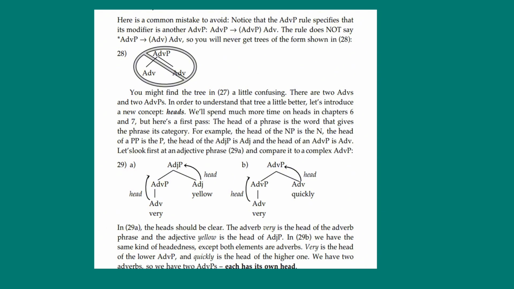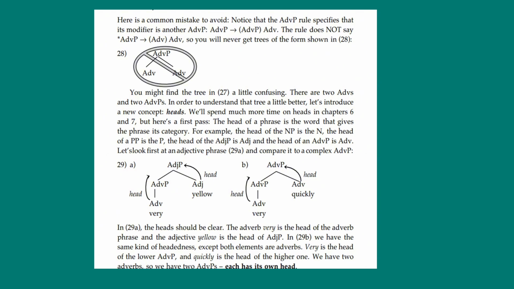You might find the tree in 27 a little confusing. There are 2 adverbs and 2 adverb phrases. In order to understand the tree a little better, let's introduce a new concept, heads. We'll spend much more time on heads in chapters 6 and 7, but here is a first pass. The head of a phrase is a word that gives the phrase its category.